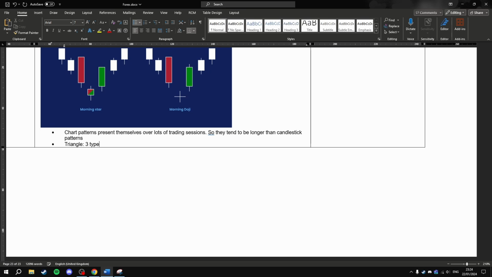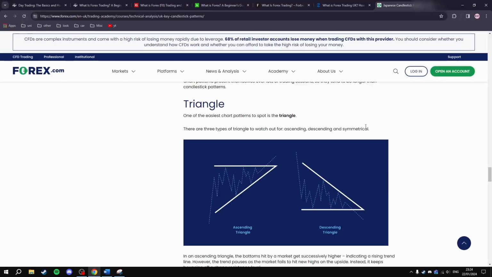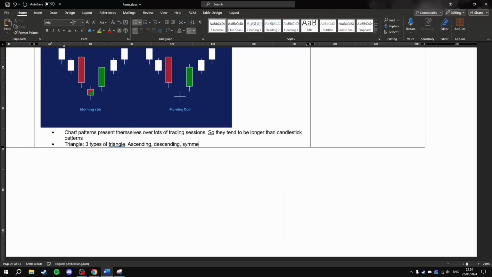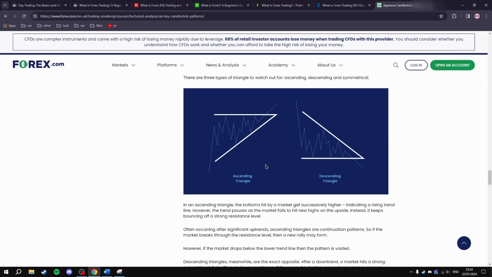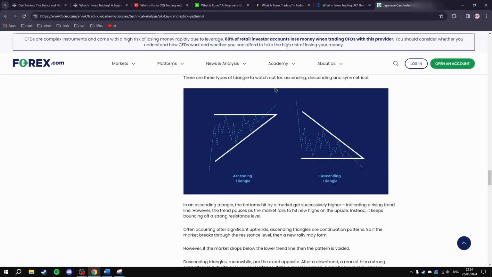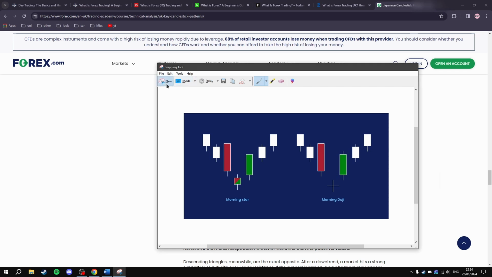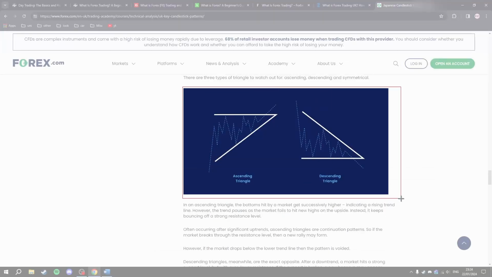Ascending goes up, descending drops down. So it's basically an upward trend with a horizontal line going across it.